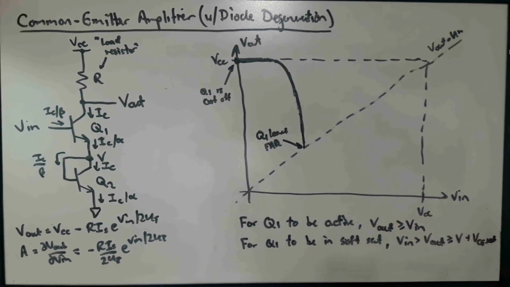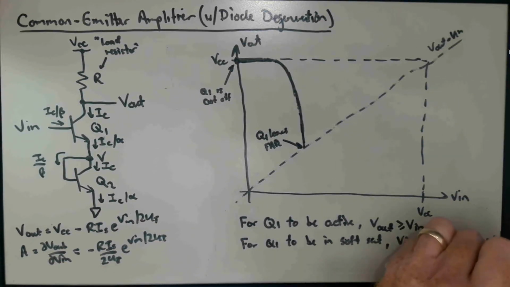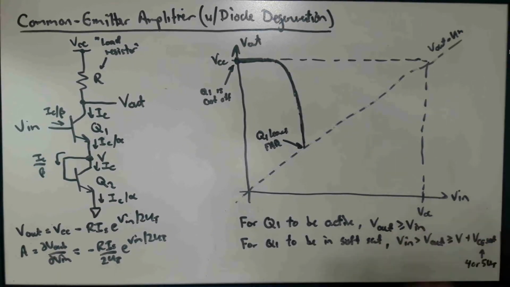All right, so we need to have that the collector-to-emitter voltage, which would be Vout minus V, is greater than or equal to VCE sat. Okay, VCE sat is about maybe 4 or 5 UT. Typical numbers would be something like 125 millivolts, maybe 150 millivolts, something like that.